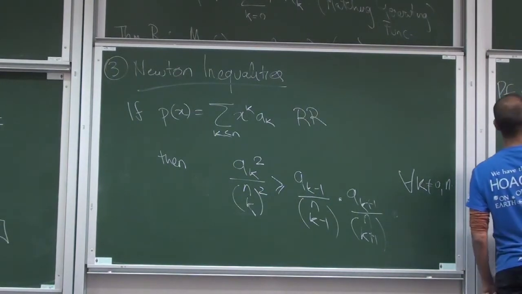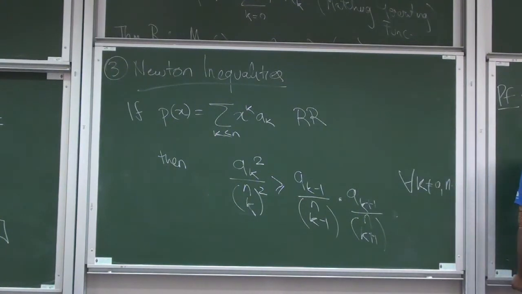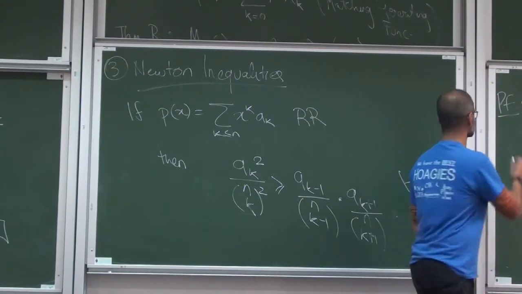What does the polynomial look like? It looks like this. I have these three coefficients somewhere in the middle of my polynomial. This is real-rooted.